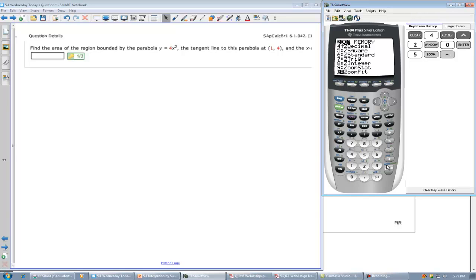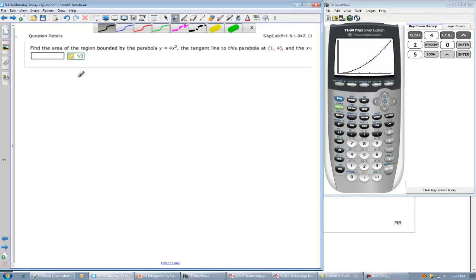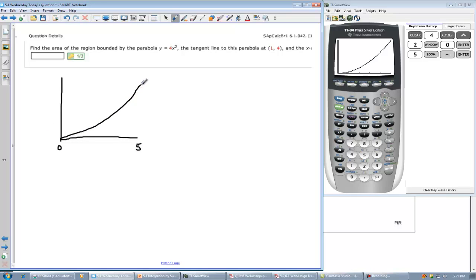So zoom fit. So what do we have? All right, so we get this graph. We went from 0 to 5. And we have the parabola here. All right, so this is y equals 4x squared.